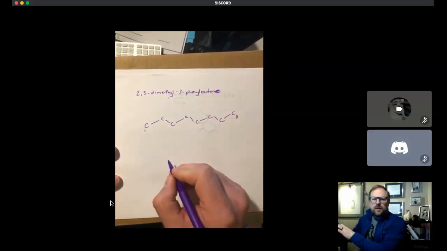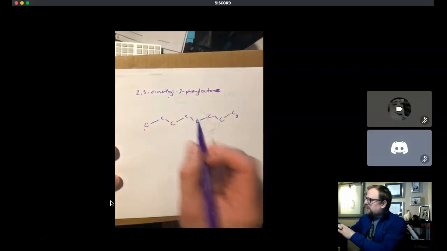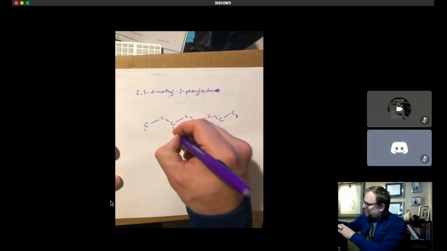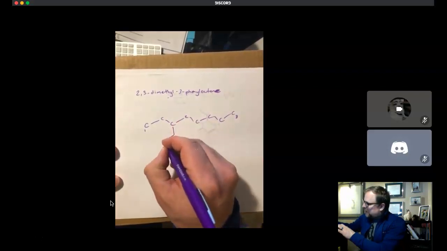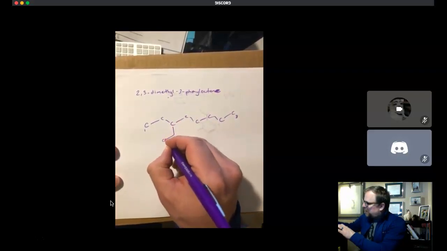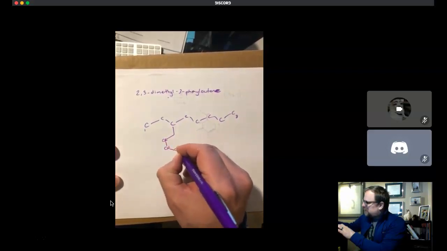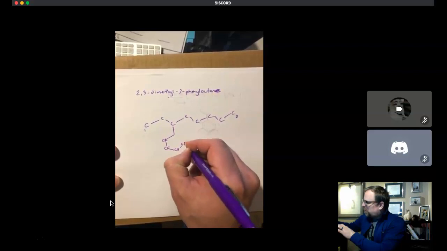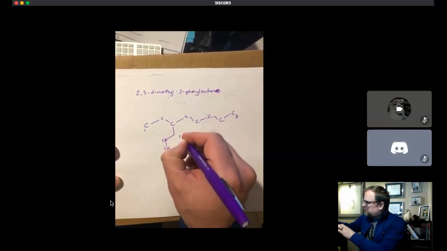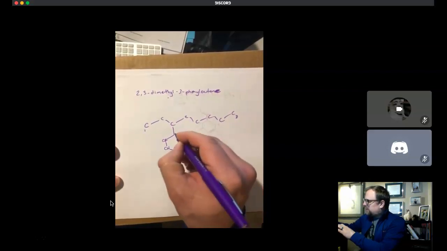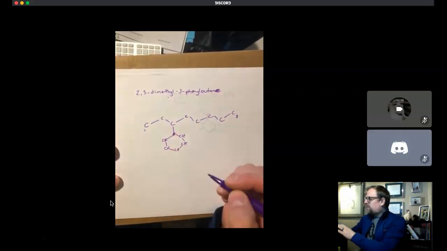And we have a 3-phenyl. So that means that on carbon 1, 2, 3, we have a phenyl group coming out. So if you wanted to do condensed, you could draw it like this. It just becomes a lot more work to do. Hang on, 1, 2, 3, 4, 5, and there'll be a C here for 6.